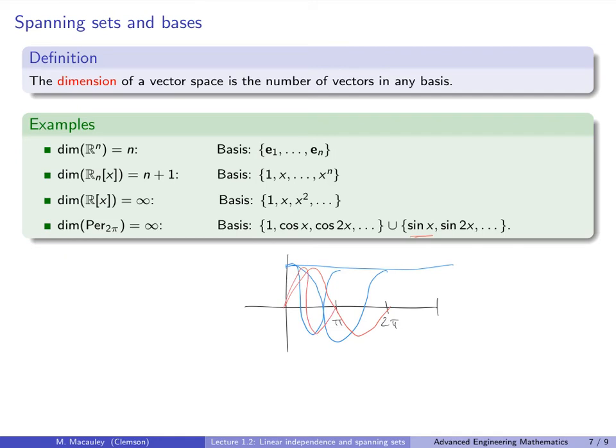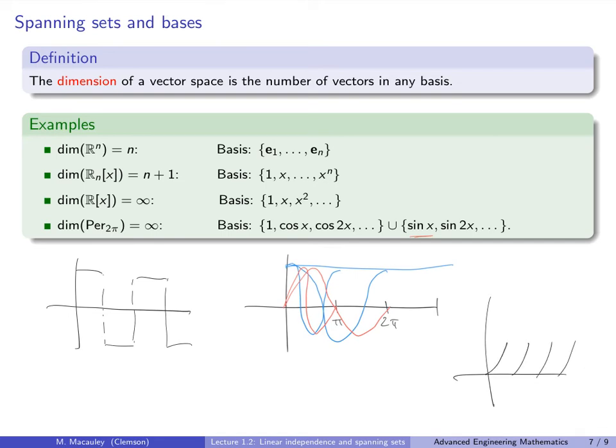But it's an amazing fact that these form a basis, which means every single 2π periodic function, think about this for a moment, that's piecewise, might be a square wave, might be a triangle wave, might be something else, might be something like this thing.